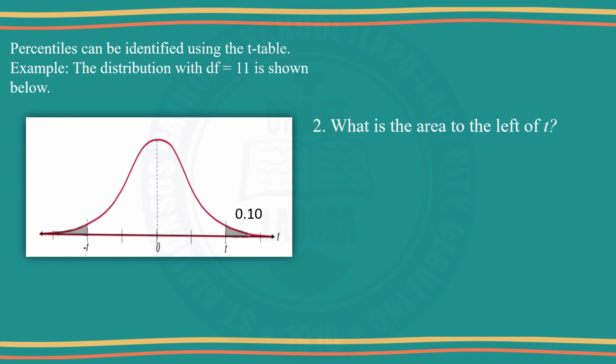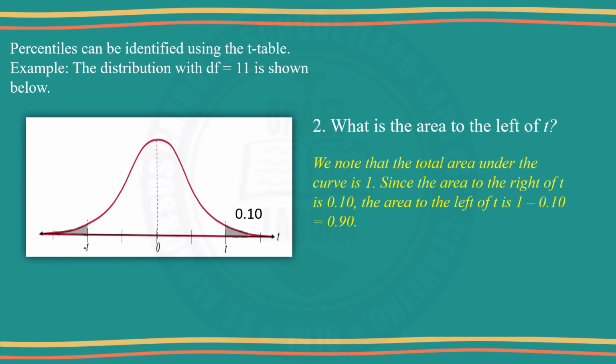What is the area to the left of t? We note that the total area under the curve is equal to 1. Since this is the line or the indicator for t, the area to the right of t is equal to 0.10.